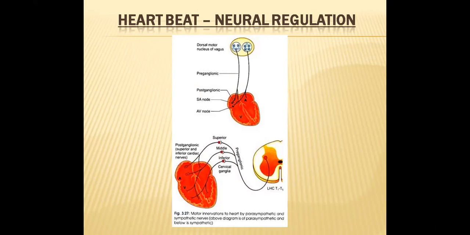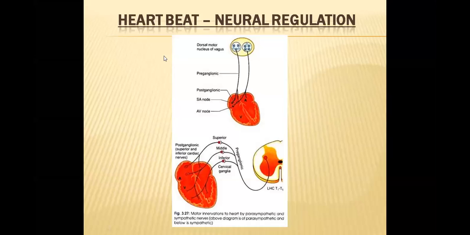So the increased heartbeat rate will drop, and that brings the heartbeat rate back to normal. In this way, the parasympathetic nervous system is present in the vagus nerves, and these are in direct contact with the SA node and AV node.